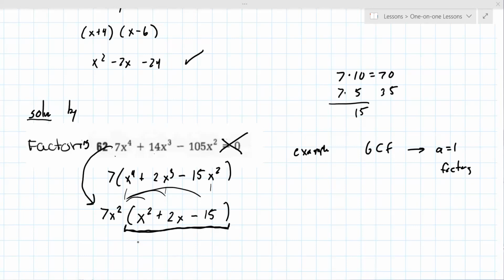Yes, so it becomes x plus 5, x minus 3, and then you bring this 7x squared down. Very good.